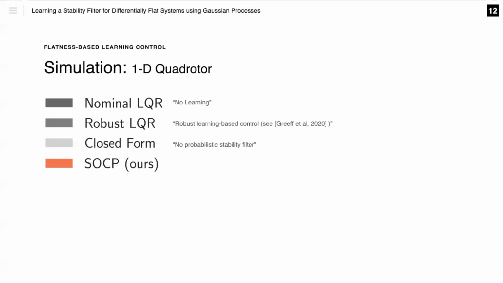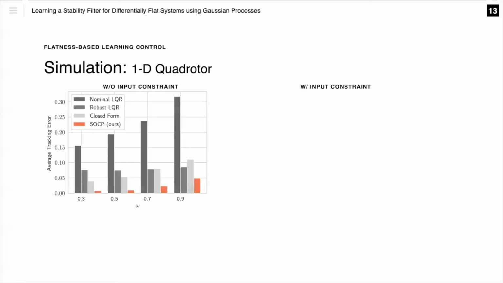We consider a robust LQR controller, and we consider our same approach, but with no stability filter in light gray, and our proposed approach in red. We consider the case without input constraints and with input constraints. And we compare our approach based on the average tracking error versus different trajectories that are increasingly more aggressive.